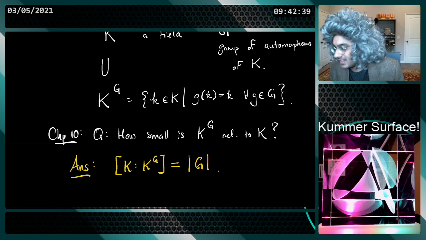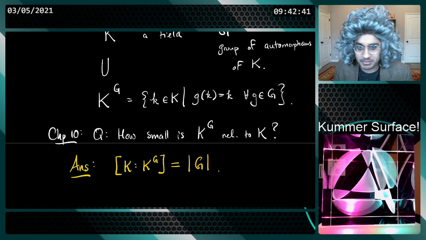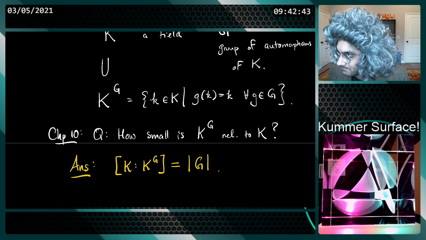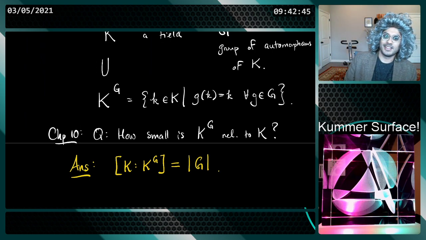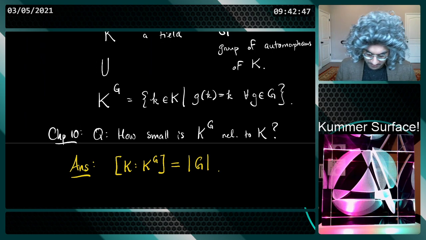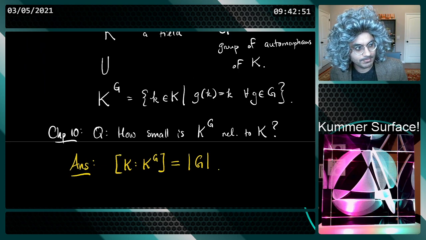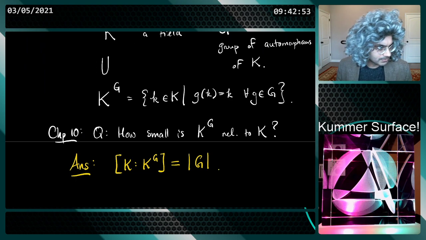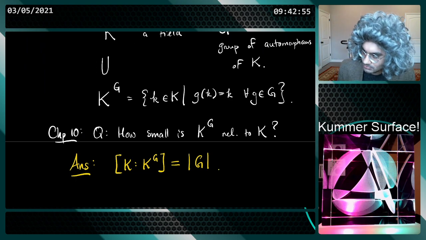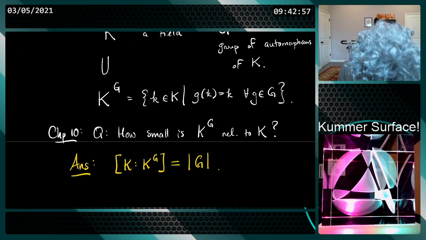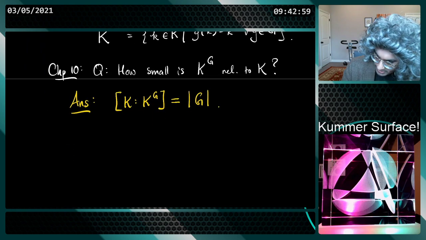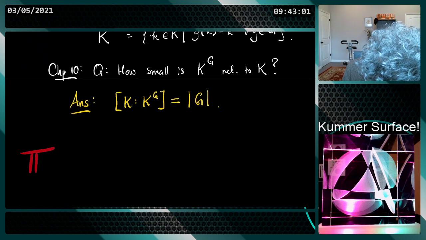Fantastic, wonderful, clean, universal statement. Amazing. All right, so that's what we're going to learn in chapter 10. Any questions about this statement? Go ahead and ask any questions whenever you want.